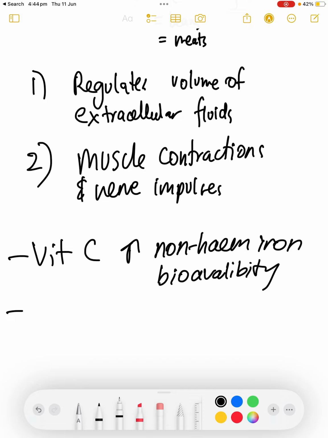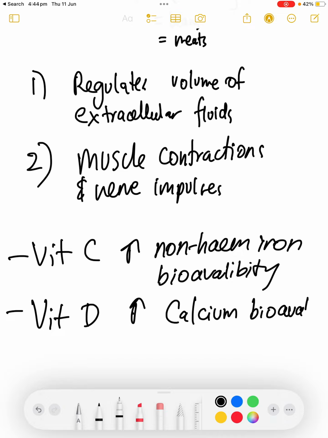Calcium does reduce the amount of iron availability as well. Vitamin D increases calcium bioavailability. All right. And sodium and potassium do tend to work together in that sodium-potassium pump for fluid balance as well.